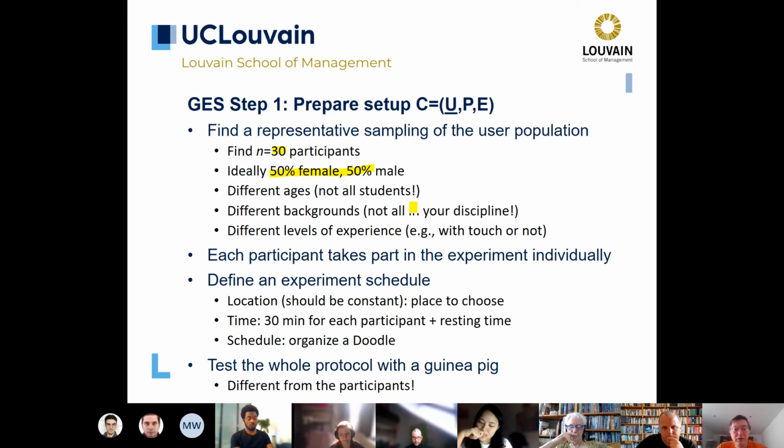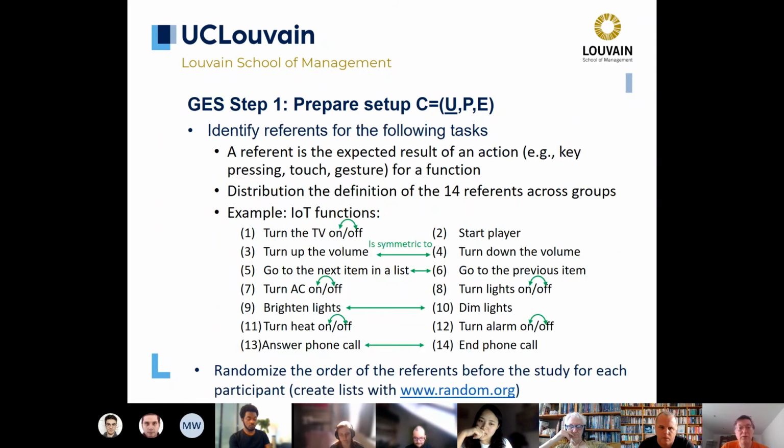So we invite those 30 people, usually in a very consistent setup, for instance in a room or in a usability lab or in an office, and each session takes about 30 minutes. So usually it proceeds like this.